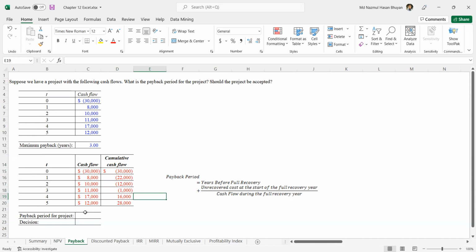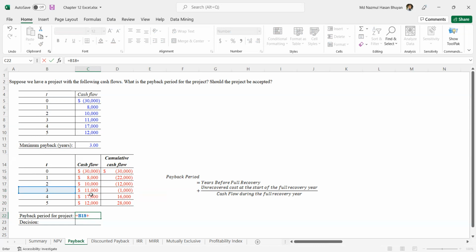Now let us calculate our payback period. According to the formula, it should be years before full recovery. You can see here, you recover your initial investment in year number 4. So the year before full recovery is year number 3, plus the unrecovered cost at the beginning of the full recovery year.